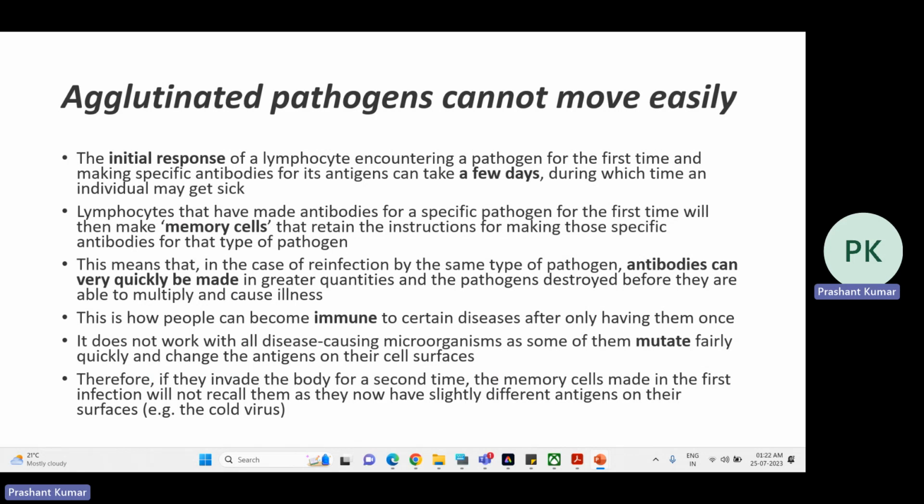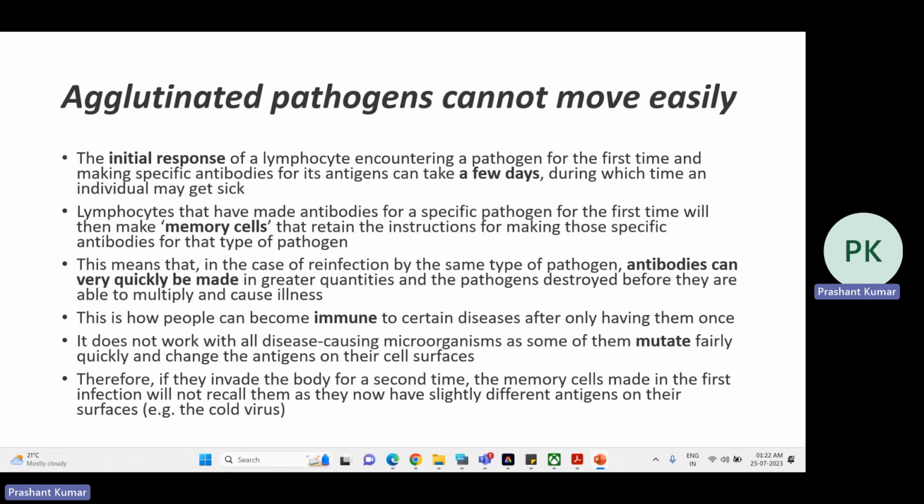These memory cells have retained the instructions for making those specific antibodies for that type of pathogen. This means that in the case of reinfection in the future by the same pathogen, antibodies can be made very quickly in large quantity so that the pathogen can be destroyed in a much shorter span of time. This makes people immune to that particular disease.